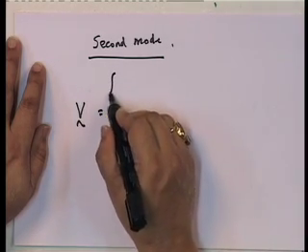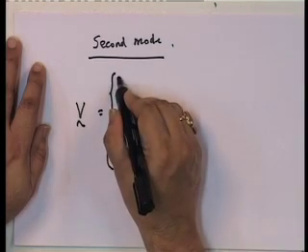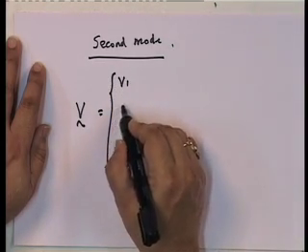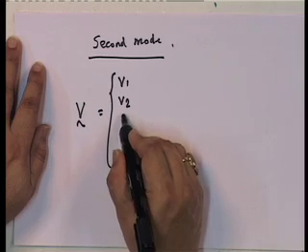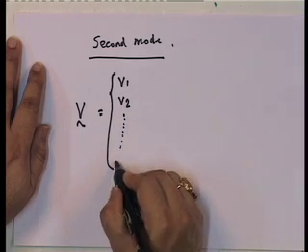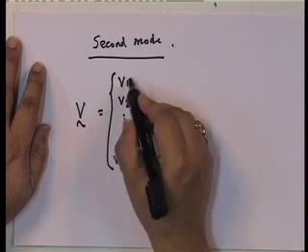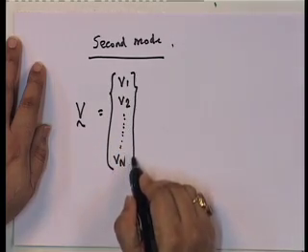It is actually, if you look at it, this vector would be V 1, V 2, up to V n, isn't it?